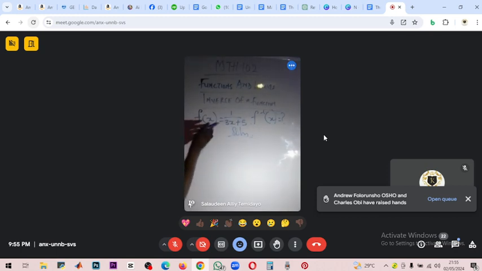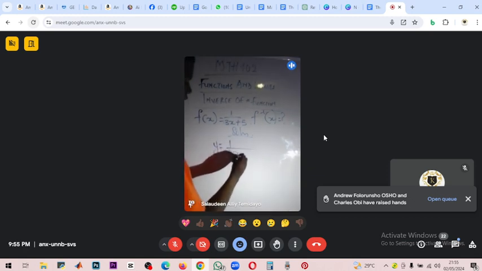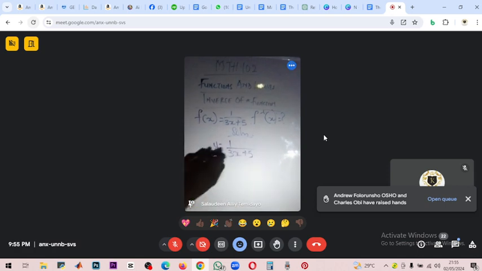So let's move on. The first step is to represent f of x by y. So we have y equals 1 over 3x plus 5. Then change y to x, that means interchanging x and y.